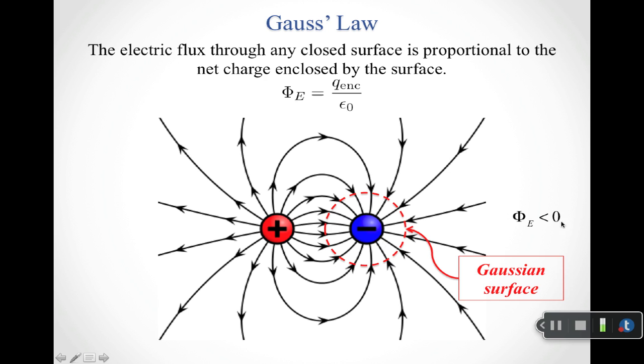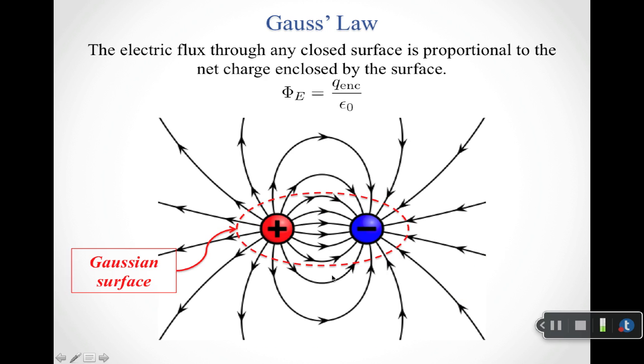So my electric flux is negative in this case, which tells me that I've got more field lines entering my Gaussian surface than leaving it, and this is what you might hear referred to as a sink. So I can have sources and sinks.